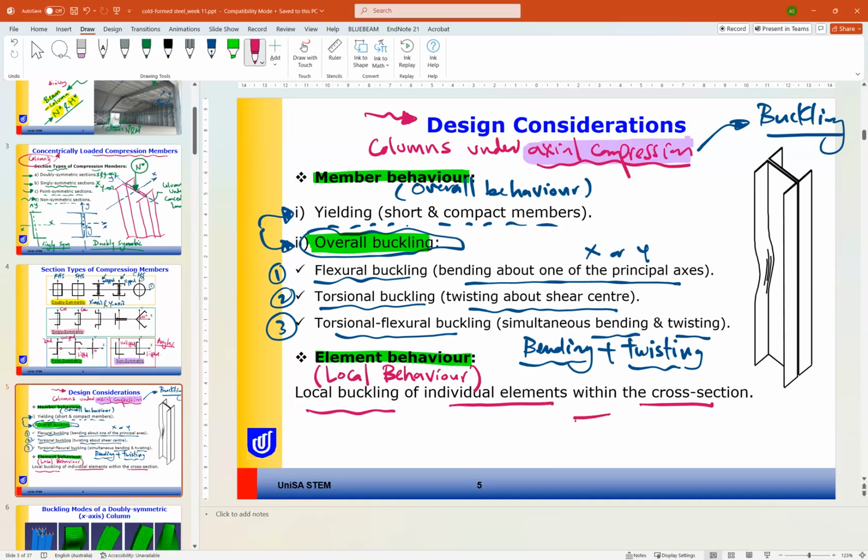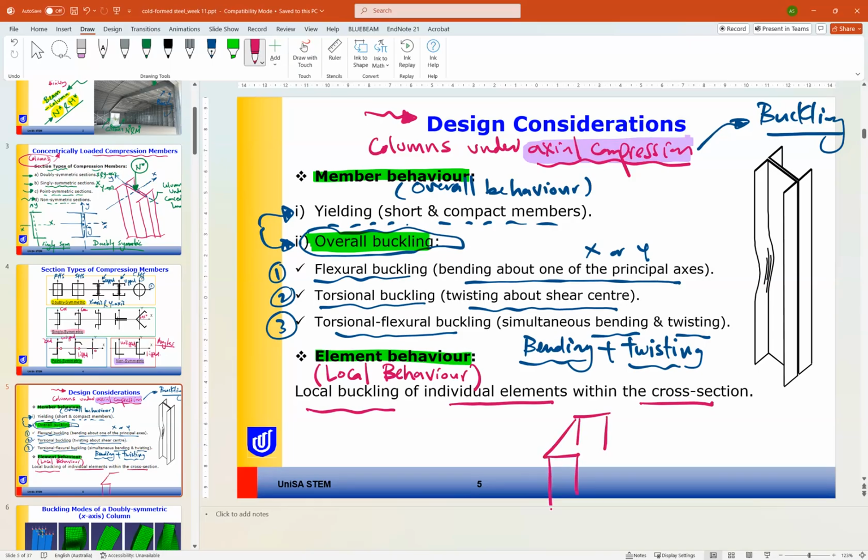In this channel, for example, we may have buckling in the web or buckling in the flange. So this is local buckling behavior. Similar to hot rolled steel, we are concerned about local buckling behavior and global buckling behavior for members under compression.